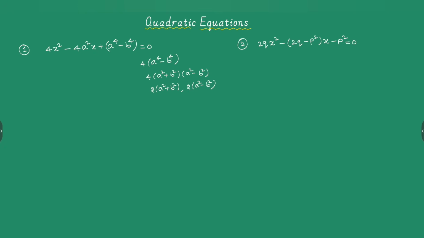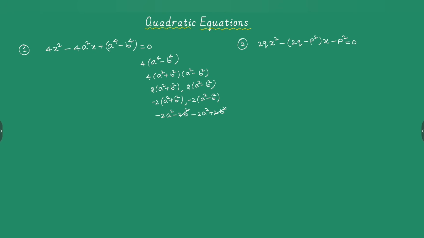Now I have to take two factors, one as minus 2 of (a square plus b square) and the other as minus 2 of (a square minus b square). Why do I have to take it like this? Because when you take it like this and simplify, minus 2a square minus 2b square, and the second one minus 2a square plus 2b square, the minus 2b square and plus 2b square cancel.